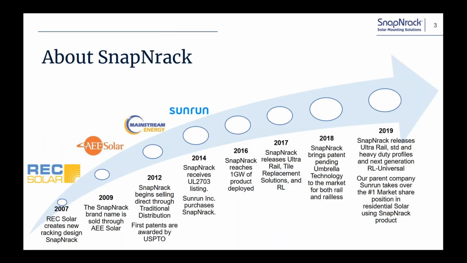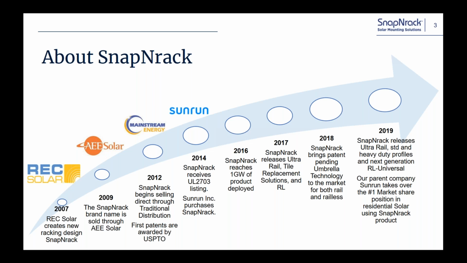So about SnapNrack. It started as a group of a couple engineers and installers in 2007 working at REC Solar. They really wanted to make a racking system that was better than anything on the market as far as installability and user friendliness, and really focus on little ancillary things like wire management.